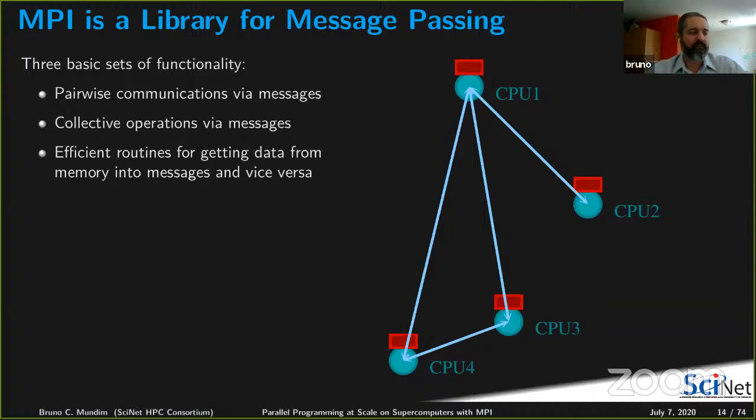Let's say you want to save the data column-wise, but the data in memory is row-wise. So you could use these routines to create different groups, to create different data types, and lay down this data in a different way on the disk than it is in the memory. So we're not going to talk about this today, but just to let you know that this exists and it's very useful.